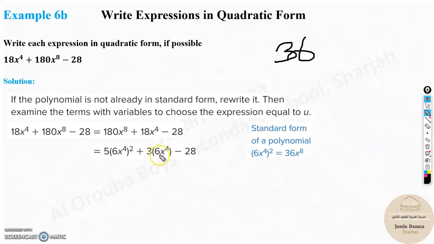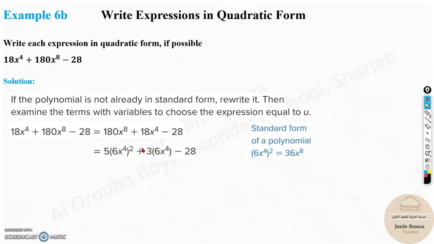Over here we got 6, right? Now over here we have to square. So what is 6 squared? 36. Now just divide 180 by it. 180 divided by 36 is 5. So write 5 outside, and then we have (6x to the power 4) the whole square. So basically we just get these terms.